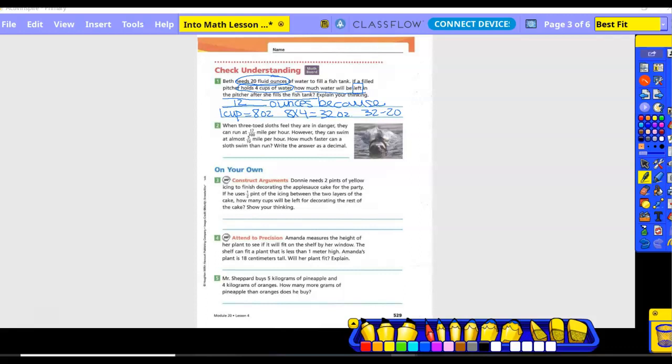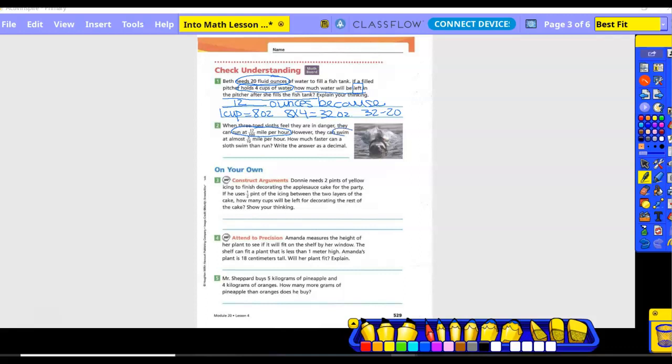Number 2, when three-toed sloths feel they are in danger, they can run at 17 hundredths of a mile per hour. However, they can swim at almost 5/10 mile per hour. How much faster can a sloth swim than run? Okay, so here it can run at 17 hundredths mile per hour.